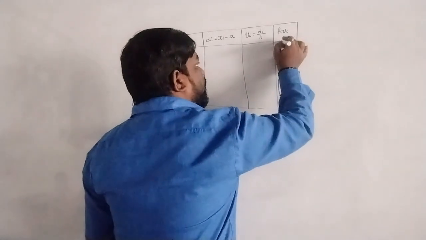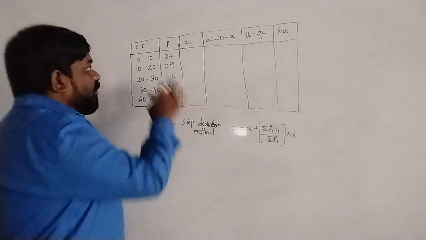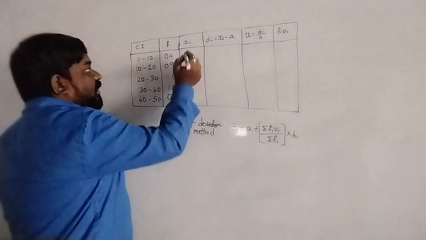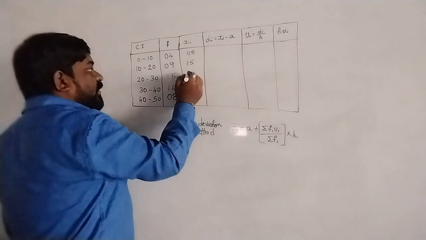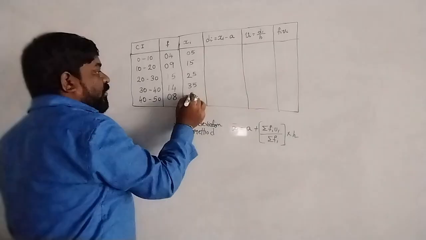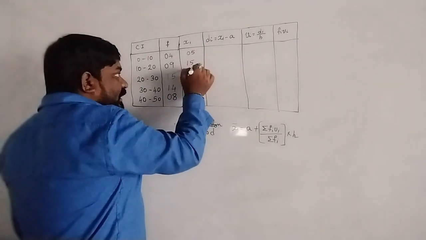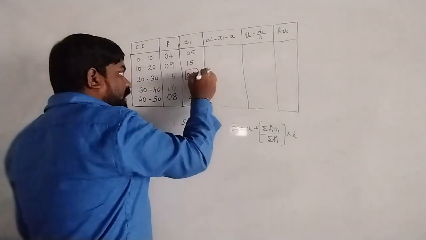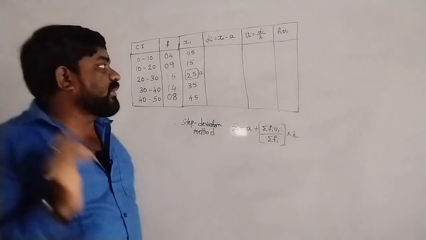column. Now start filling the table. First the xi column, that is the midpoint of each class interval, that is 5, 15, 25, 35, 45. Next select a middle number or any number as a, that is the assumed mean.